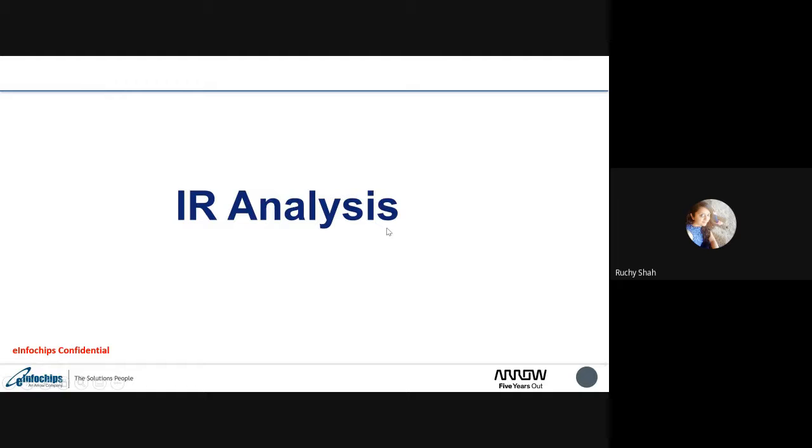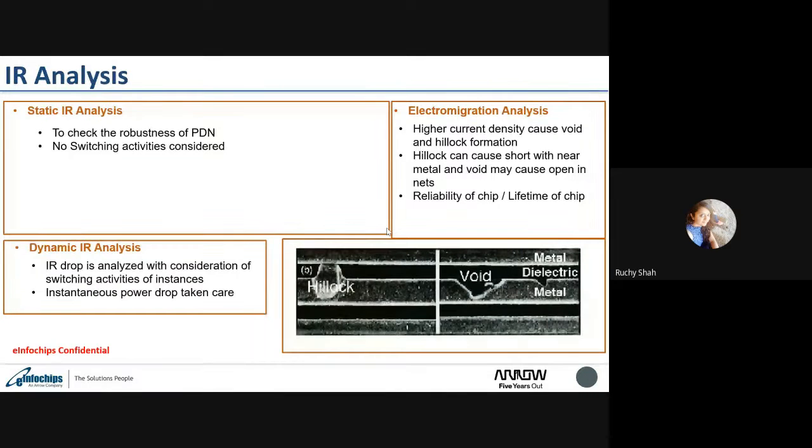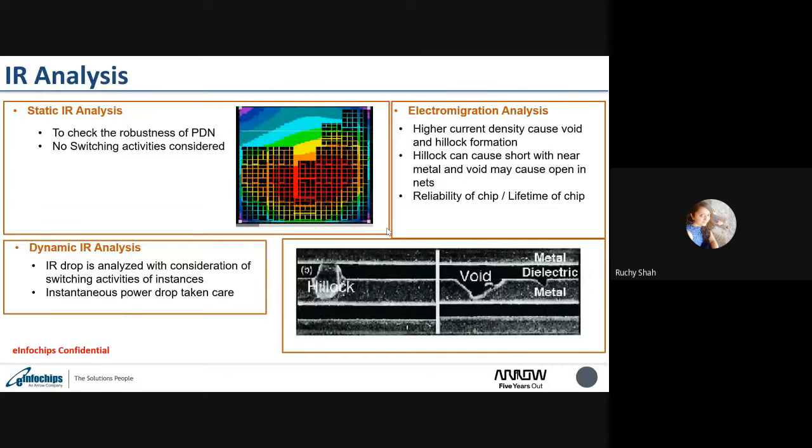Okay, moving forward, IR analysis. In IR analysis, basically we do static IR analysis, dynamic IR analysis and electromigration analysis. In static IR analysis, it basically checks the robustness of our power delivery network. And for doing the static, as its name suggests, no switching activity is considered here.